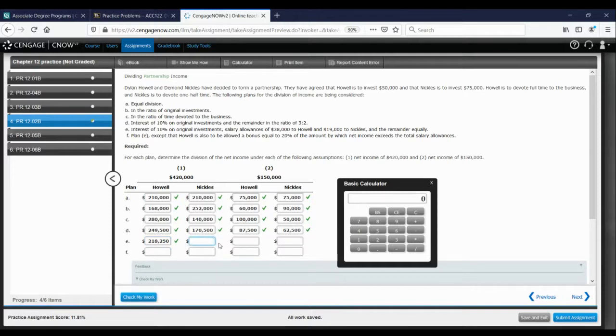And Nichols got a share of $201,750. Of the $150,000, Hal got a share of $83,250. And Nichols got a share of the net income of $66,750.